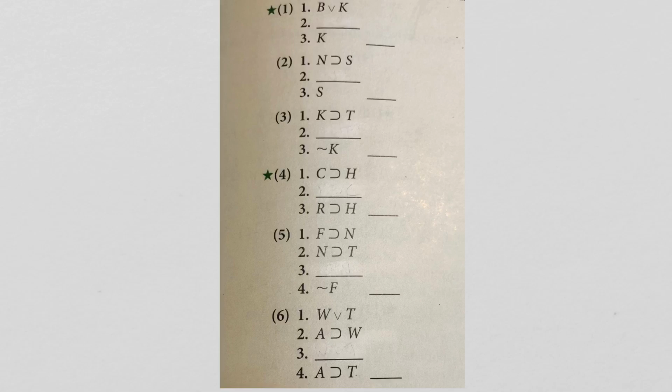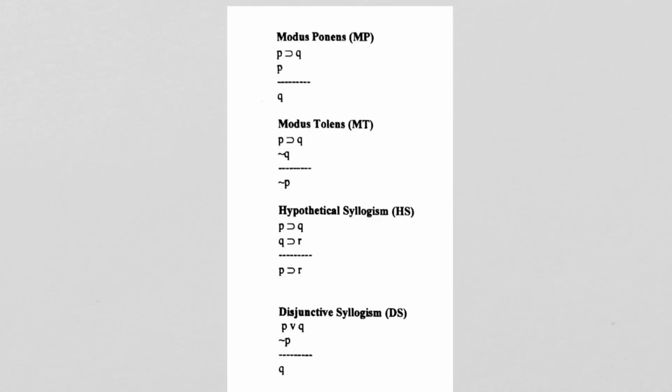So this time we have a disjunction. So we have a wedge. So that means the only rule we can use is this one down here. Okay, disjunctive syllogism, DS. So this is where you have P or Q, and then you negate one of them. And then once you negate one of them, you get to pull down the other one.